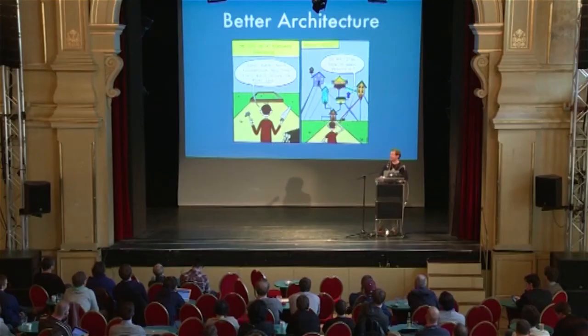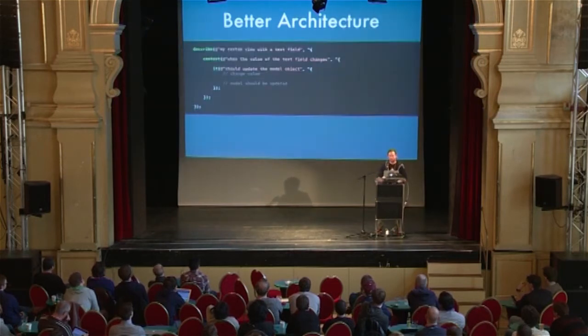Next up is BDD leads, or may lead, to better architecture. So I think most of you can see themselves as the guy in the red shirt. We have all been there, made architectural mistakes, and thought, oh my gosh, what have I done? So let's see, we're writing a specification for a custom view with a text field. This would be a way to start with the specification.